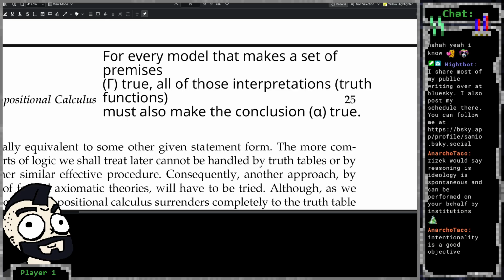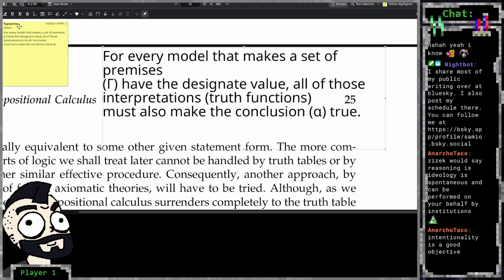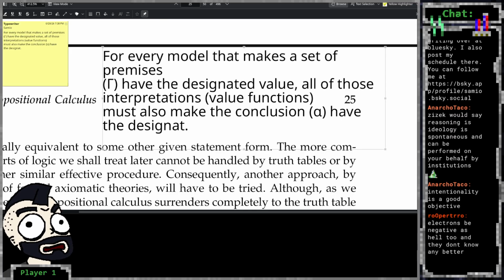So we can forego, in this definition, the name truth. We can change it to have the designated value. All of those interpretations, we can change true to value functions, must also make the conclusion have the designated value.